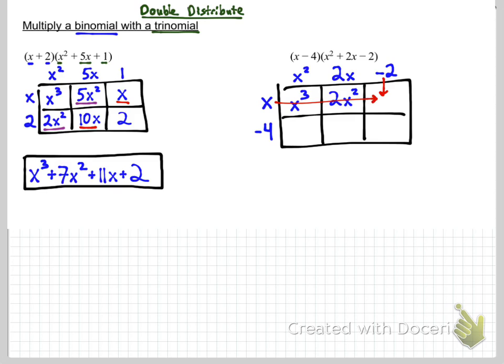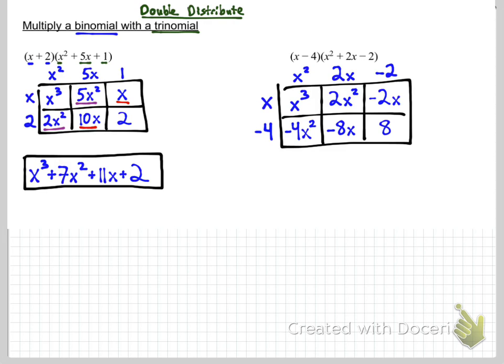Negative 2 times x is going to be negative 2x. X squared times negative 4 is negative 4x squared. 2x times negative 4 is negative 8x. And negative 2 times negative 4 is positive 8.